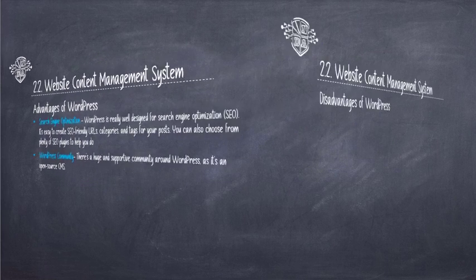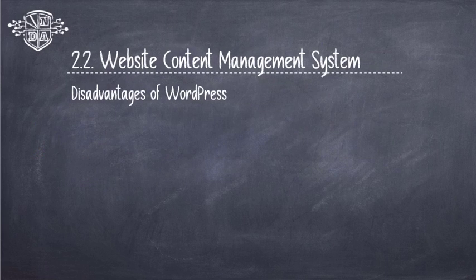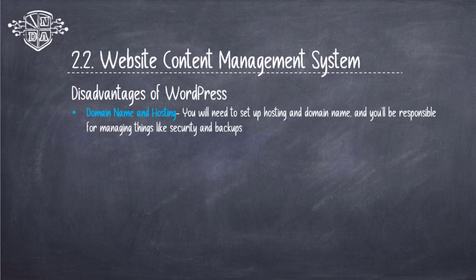Even though WordPress is really amazing on advantages, it also has some disadvantages, and one of them is that you will need to get a domain name and hosting for your website. There are other CMS, like for instance Wix, that give you hosting and a domain when you use their CMS.